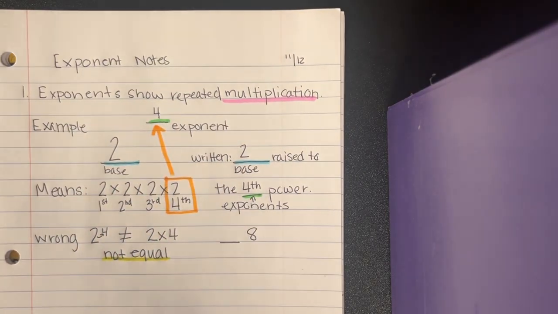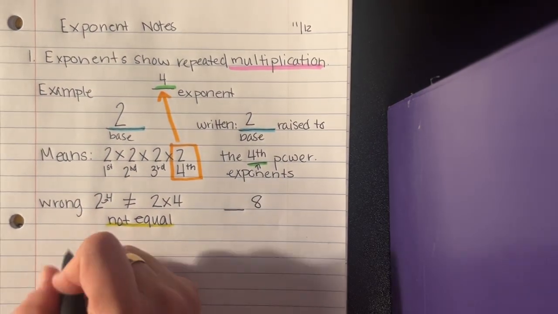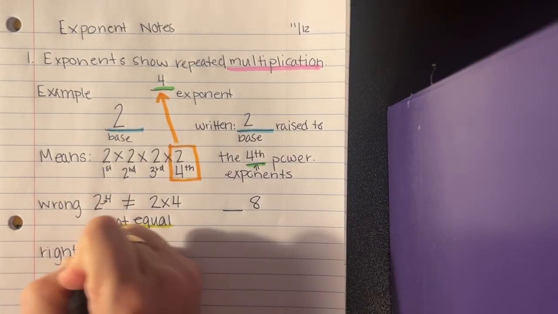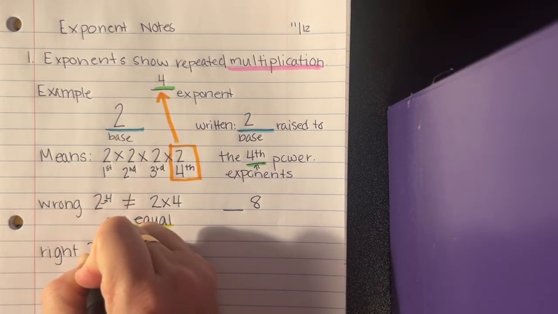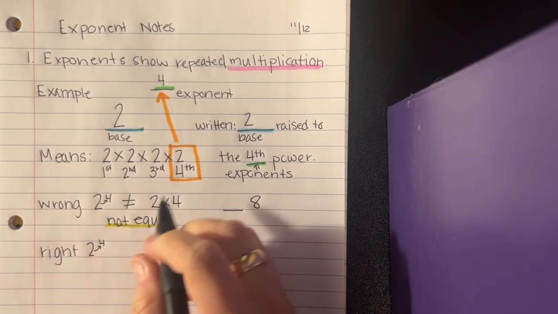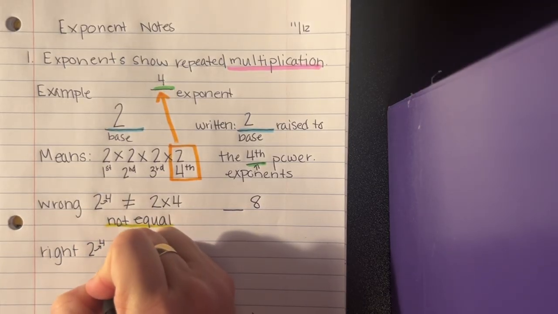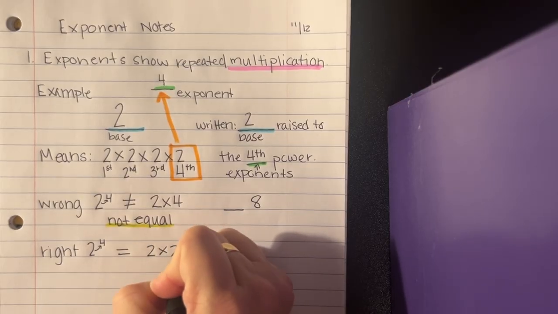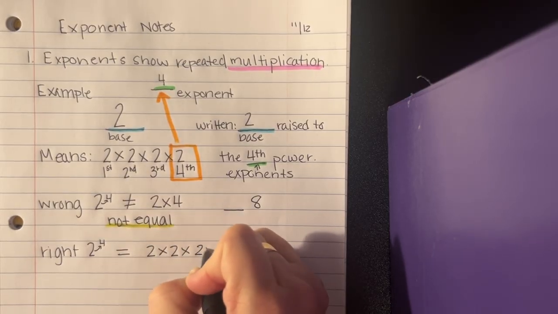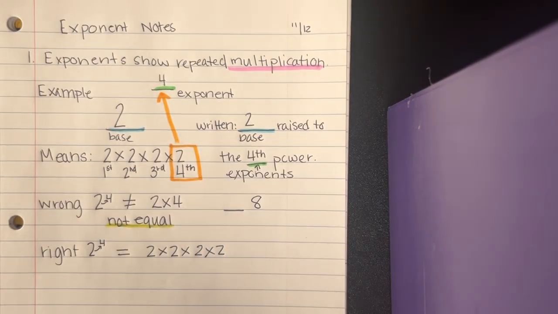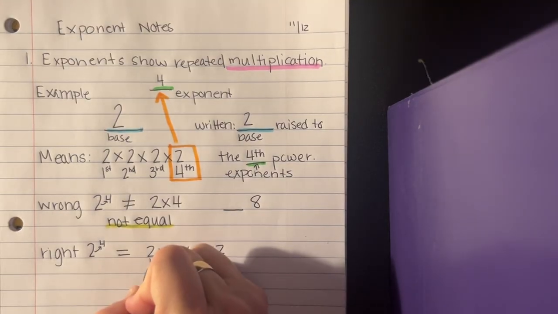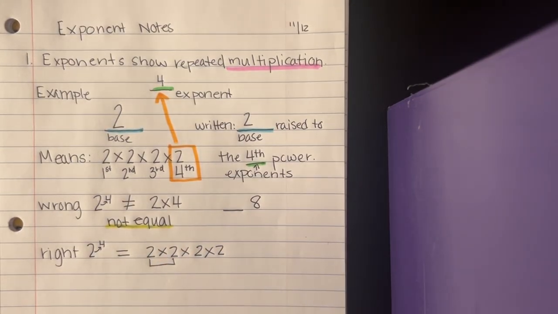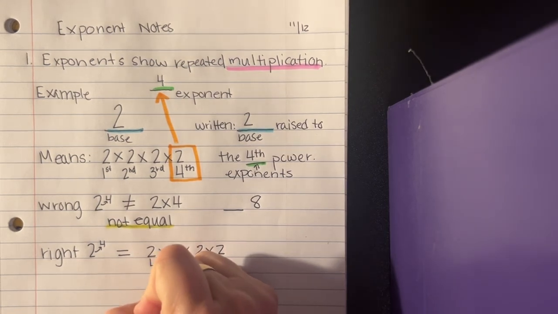So let's see what that actually is. So here is the correct way to think about it. 2 to the 4th power is the same as saying 2 times 2 times 2 times 2. And the way I think of putting that together is if I multiply 2 times 2, I get 4.